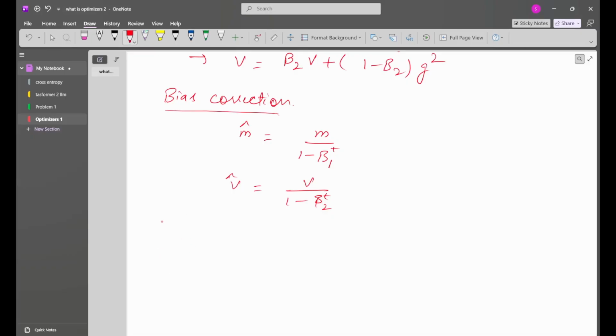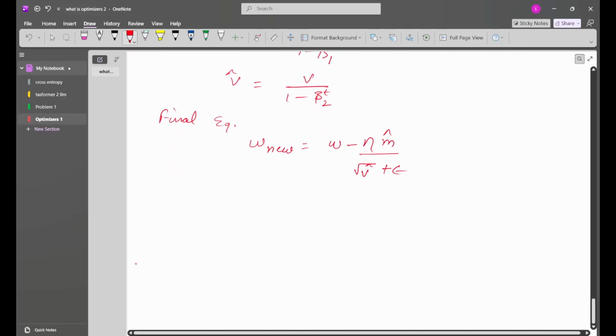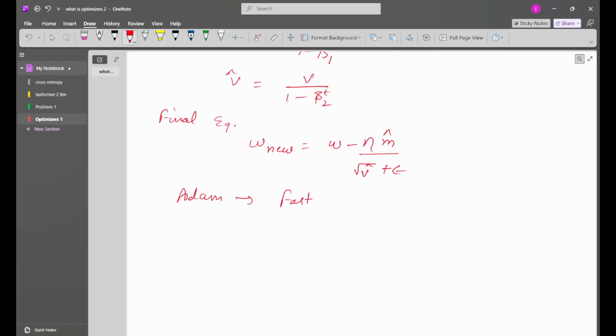Now our final optimization equation: W new is equal to W minus learning rate times M cap divided by the square root of V cap plus epsilon. So M is direction memory, V is step size control. So Adam is fast due to momentum and stable due to RMS.